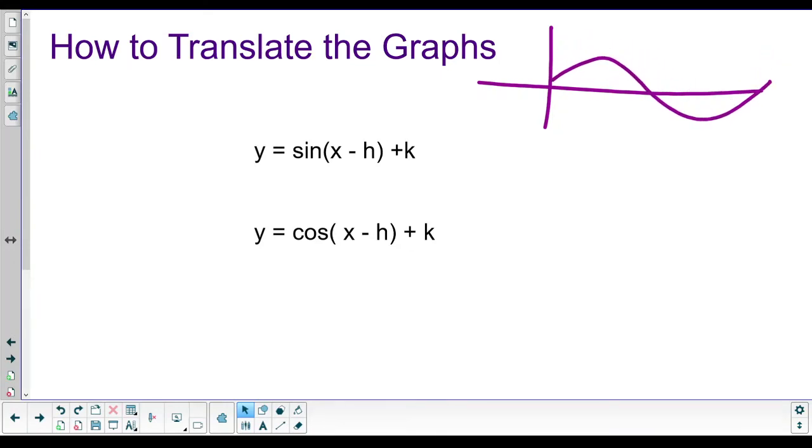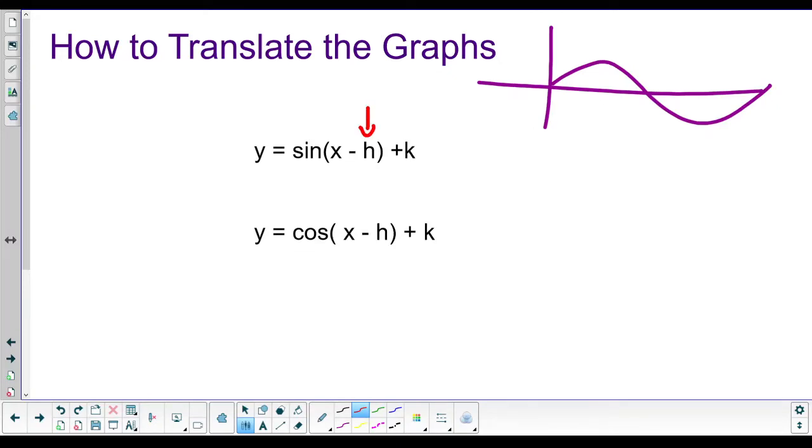Or maybe we'll shift it a little bit so that it doesn't start at 0 anymore. We're going to worry about vertical and horizontal shifts today. So like every other math operation you have ever learned about, if you do something to the x inside the math operation, that will cause a horizontal shift.